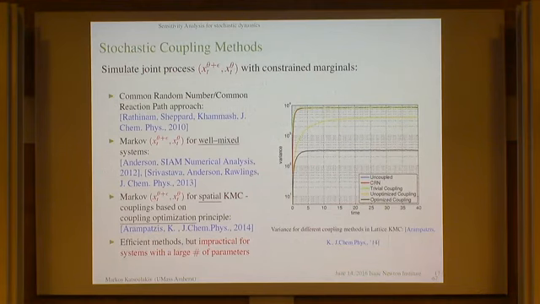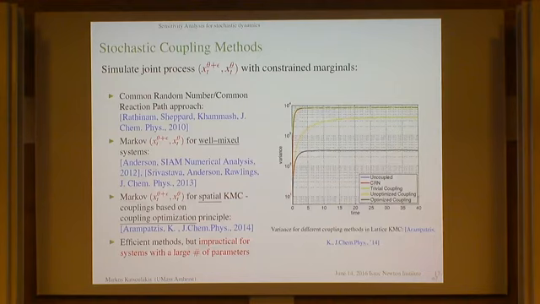The first such methods, well, not the first such methods. There were methods like that before in various communities, but at least for reaction networks, the first such methods were done by this paper, Rathinam, Sheppard, Khammash, and others, common random number type of methods, but with some more twists and turns.